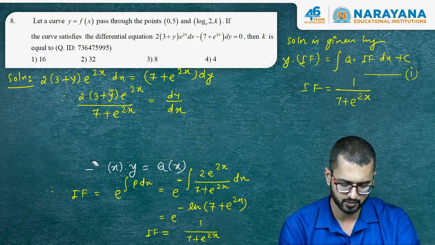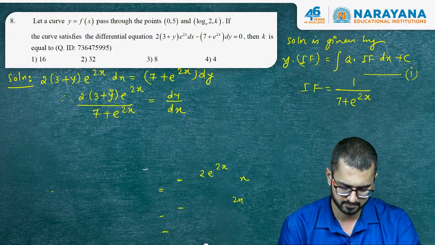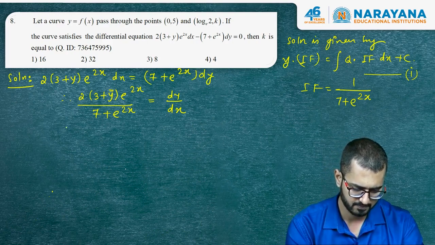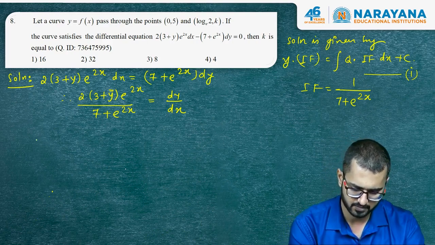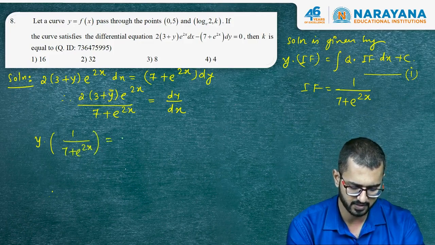So y into integrating factor, 1 over 7 plus e power 2x, is equal to integration of q. Q is what?